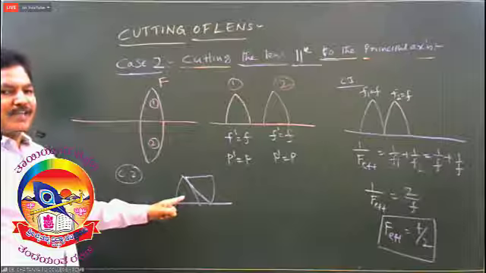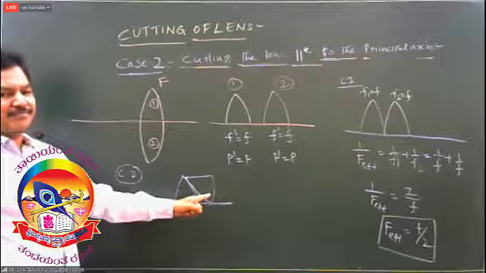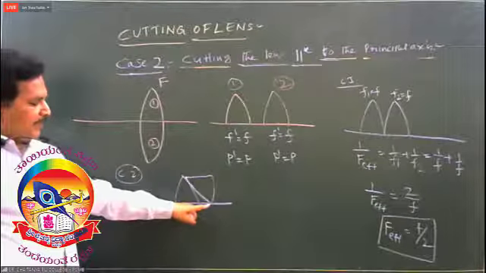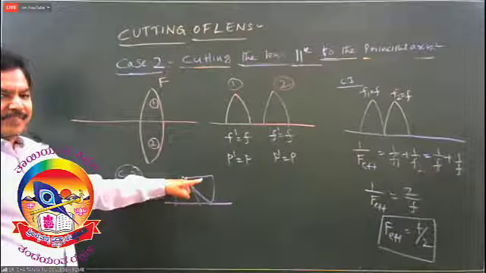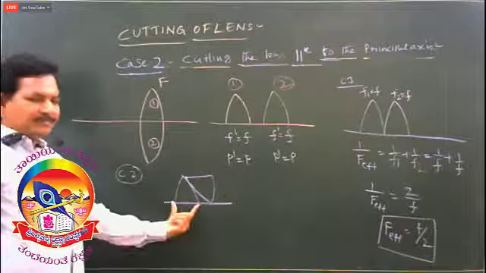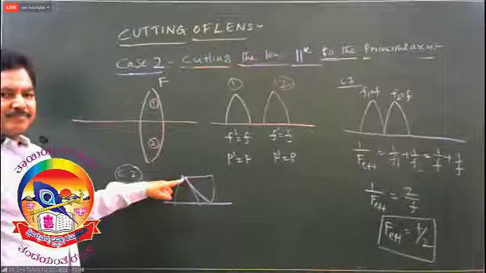One will act as a convex lens. The other one will act as a concave lens. Concave, because the middle part is very thin and near the edges it is thick, so it will act as concave. Middle part thick, near the edges thin, convex.